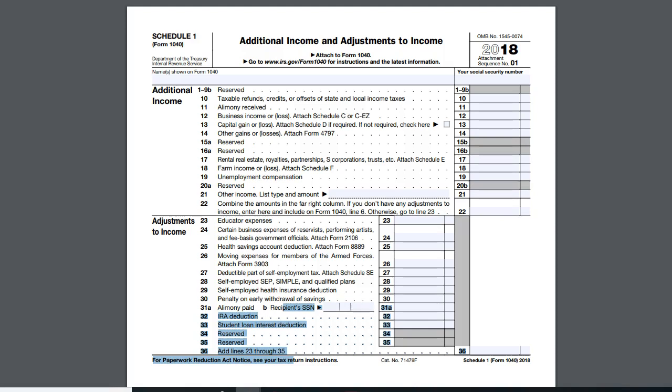Then we have 27, which is the deductible part of self-employment tax, Schedule SE. When you're filling out the Schedule C, for people who have a net profit or net income, you would generate an SE form either by software or by doing it by hand, depending on how you prepare the return. 28 would be self-employed, SIMPLE and qualified plans.